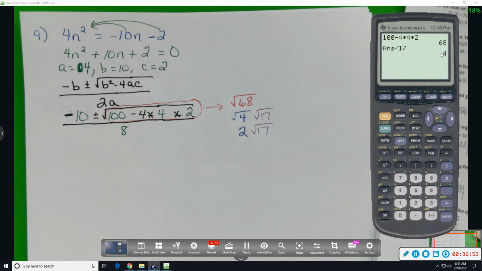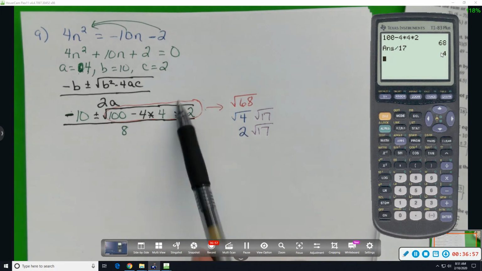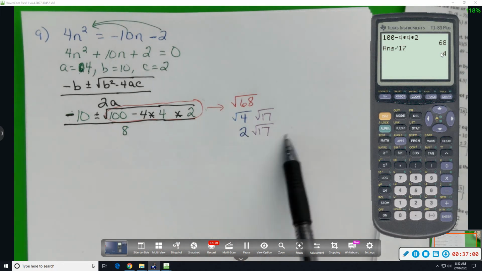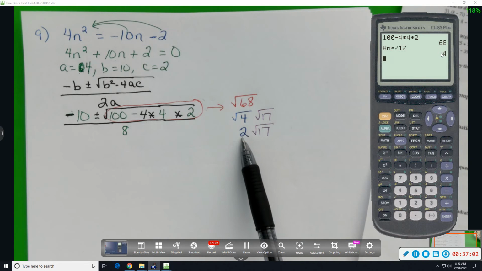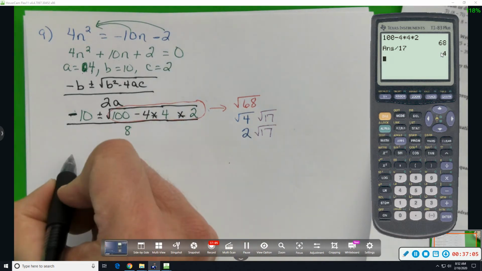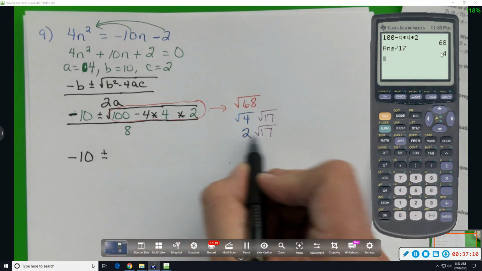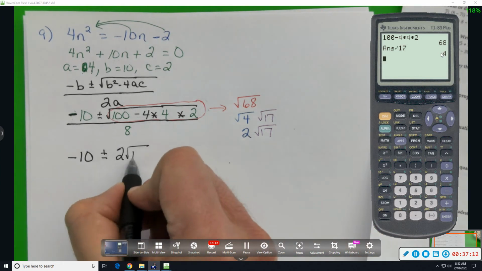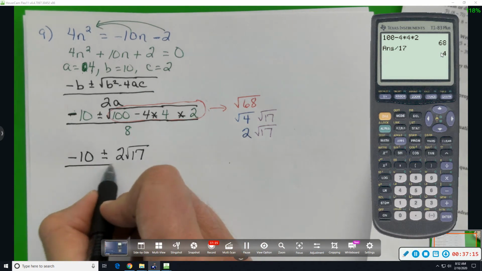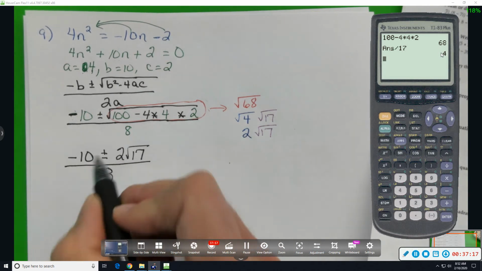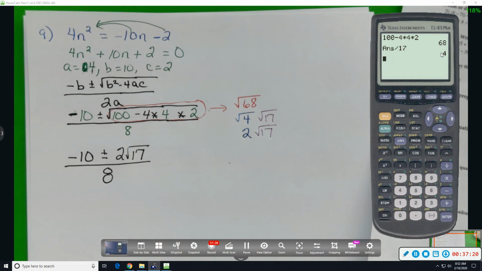So at this point, replace the circled square root with 2 square root of 17. And let's see, negative 10, I'm writing it all now with just one color, plus or minus 2 square root of 17 all over 8. What do I need to do now to simplify that? Divide by 2.